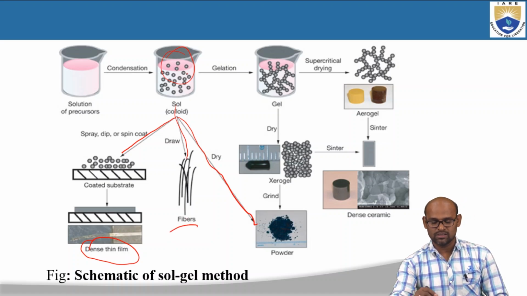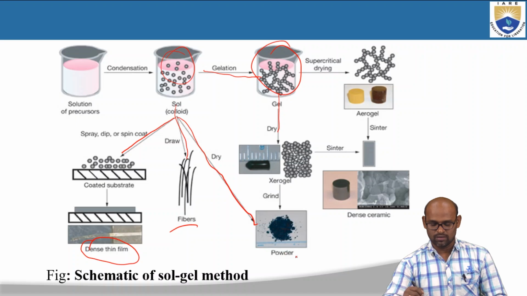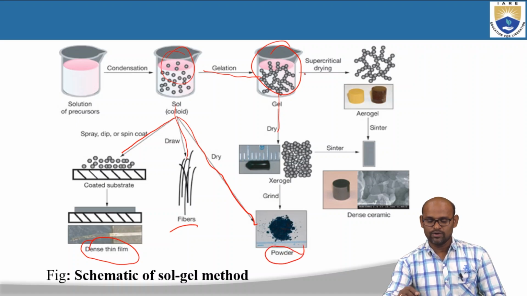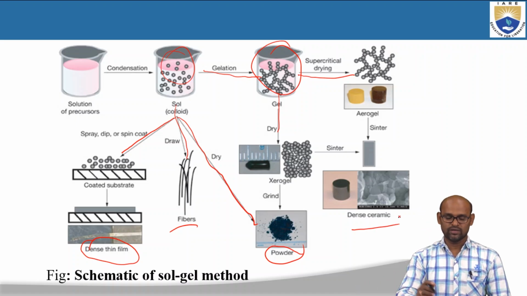Or you can wait for the gelation time, where the solution becomes a gel, and you can dry this gel to get powders again, or you can use supercritical drying on this gel to get dense ceramic materials.